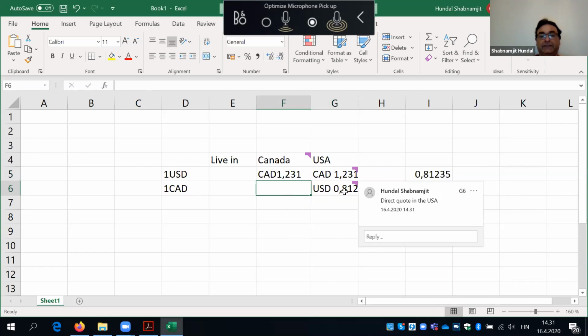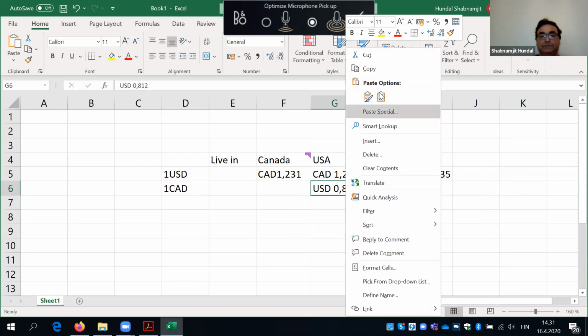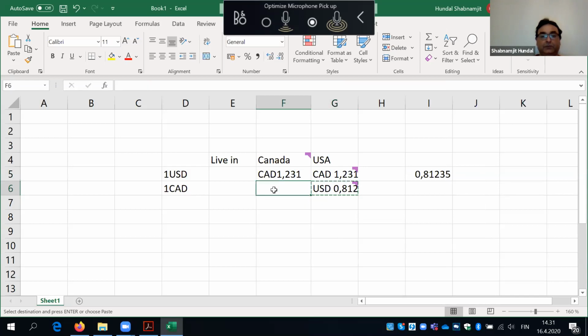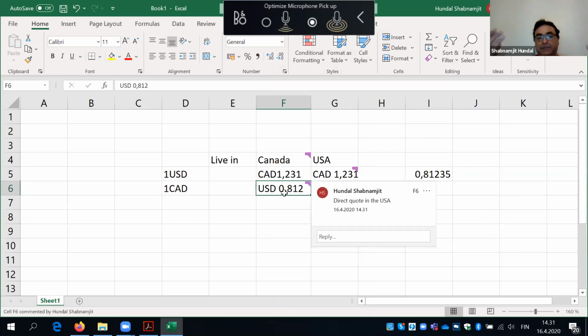Whereas if I write the same thing here for Canada, this will be a mistake, because in Canada you never make payments in the US dollar. So for Canada, it will be a sort of indirect quote.